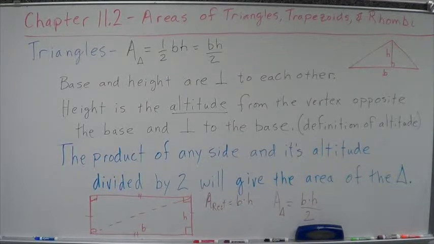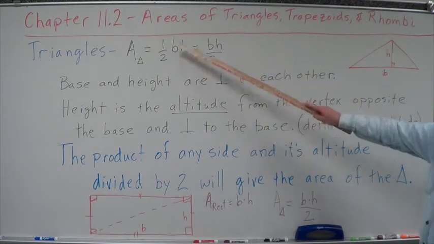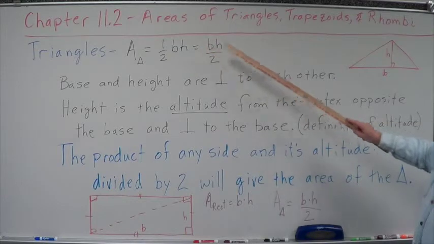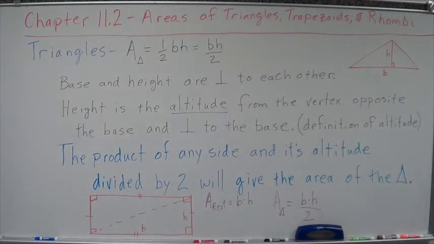We're going to do a couple of really simple examples and then go on to trapezoids. Remember, the base and the height are perpendicular to each other. Also remember that you divide that product by 2 or you multiply it by 1/2. I don't care which, that's the same thing.